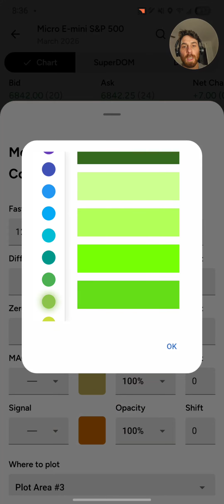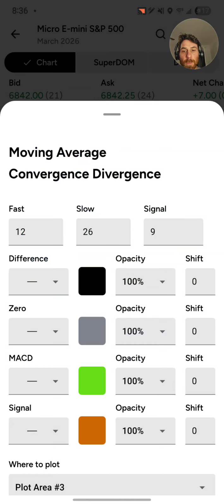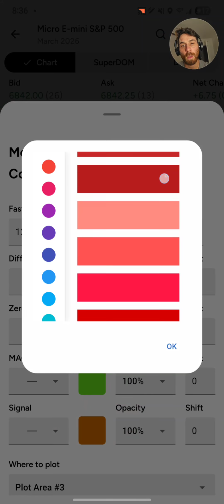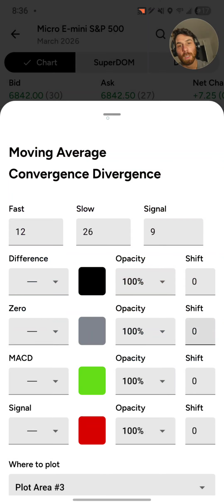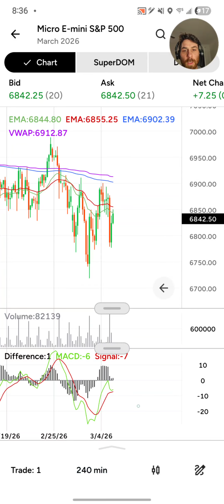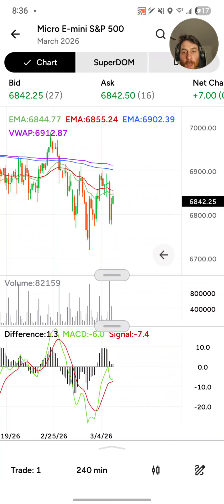I like the MACD to be a green color, showing you that it's going up, and the signal being red, showing you that it's going down. So then if we look at this now, it looks a lot nicer than it did before. And we can see that when it's the red line, it's signifying that it's going down.